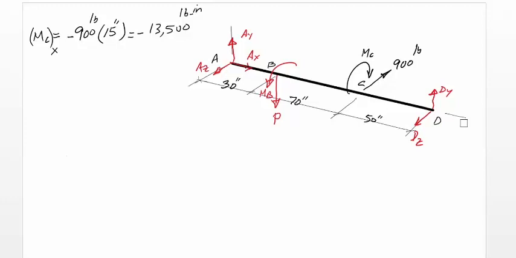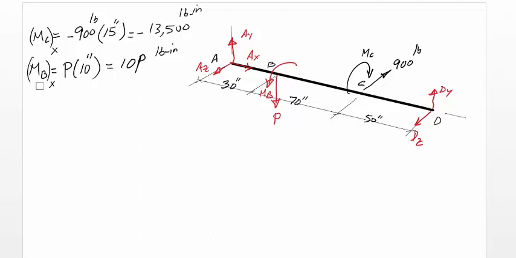As we can see, there seem to be 7 unknowns: AX, AY, AZ, P, MB, DY, DZ. However, MB is equal to force P times 10 inches, which is the radius of gear B, and the magnitude of this moment is 10P pound-inch, again about the x-axis as well.